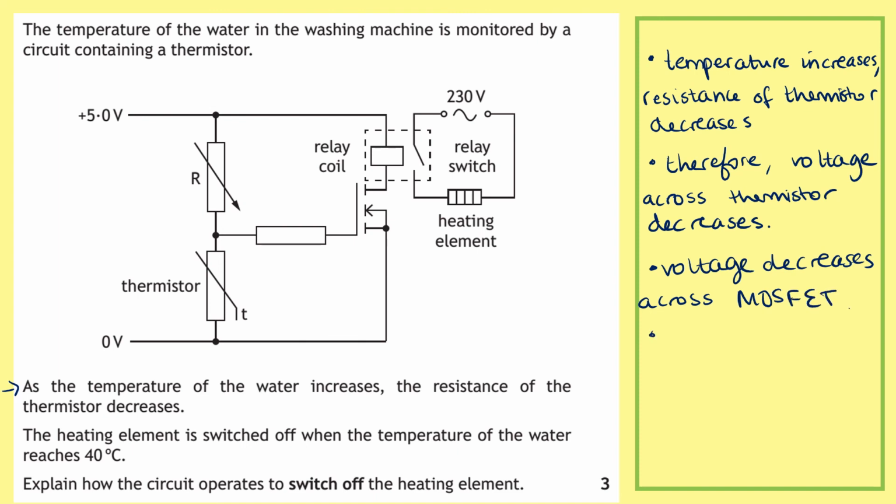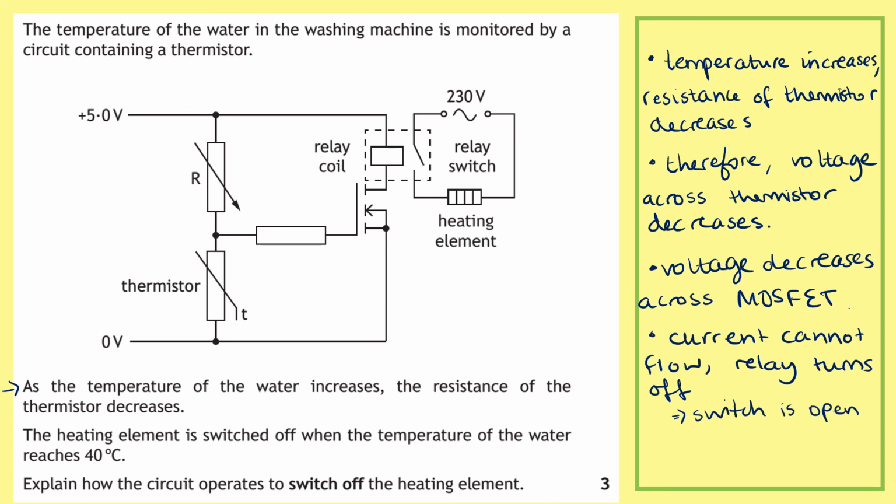Therefore, if the voltage is decreased, current cannot flow. And the relay turns off. Therefore, the switch is open and the heating element is turned off. And that's all of your answer just there.